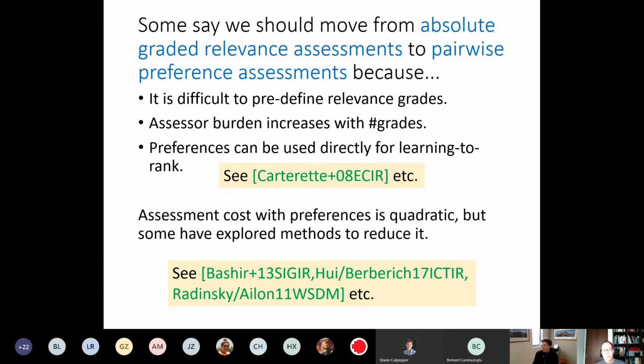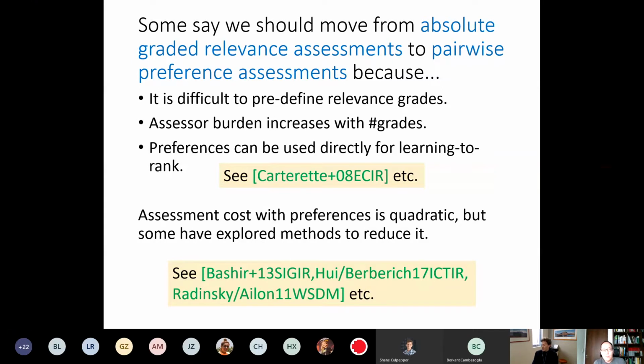Yes, so we discussed this at last year's NTCIR as well. Why are we not moving to pairwise preference assessments from absolute graded relevance assessments, even though some people said there are a few advantages of using preference-based measures?